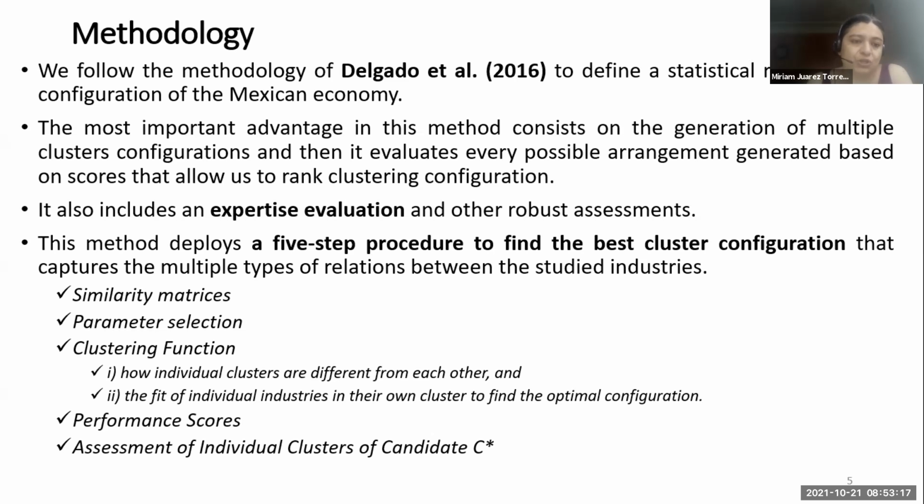In particular, we use 5 similarity matrices that allow us to capture the different relationships between the industries in different dimensions, considering the establishments, the employment, or the input-output relationships. The second stage is the parameter selection for the clustering. We set up some parameters, such as the beginning number of clusters for constructing the clusters, and then later we use the clustering.